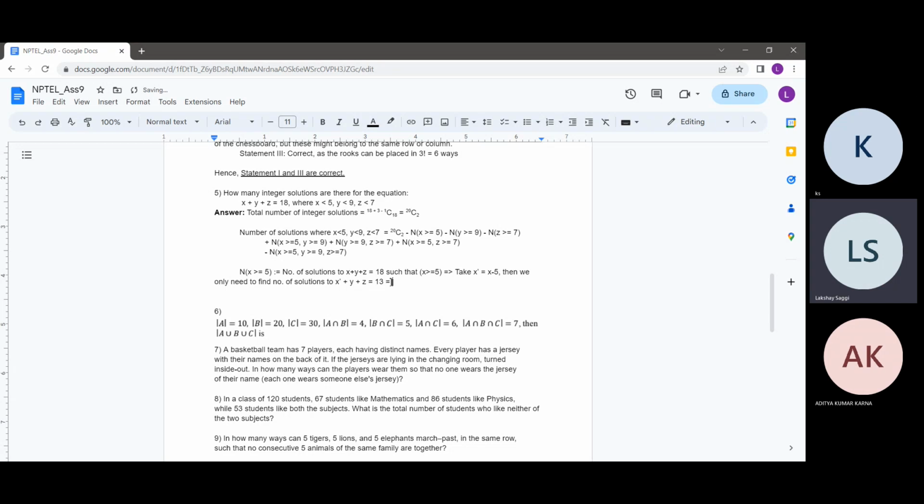For this equation, we already know how to solve it.